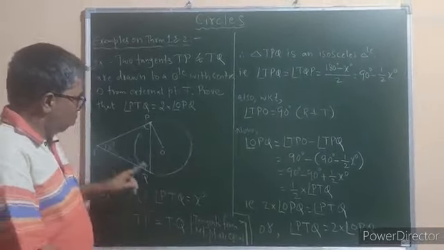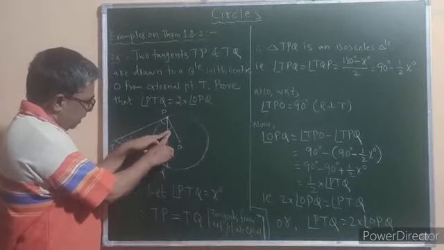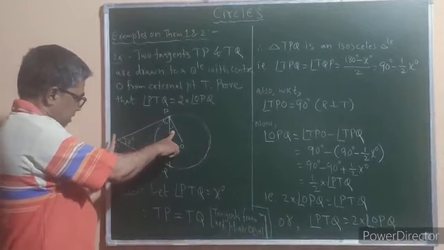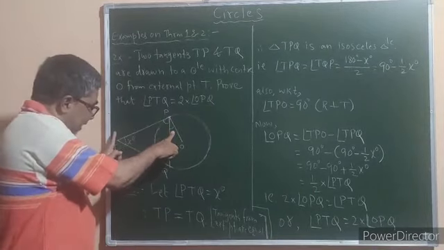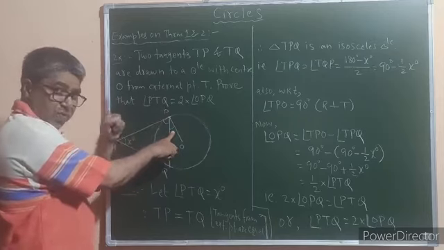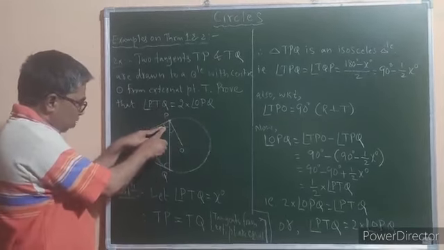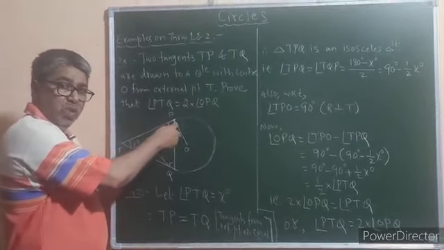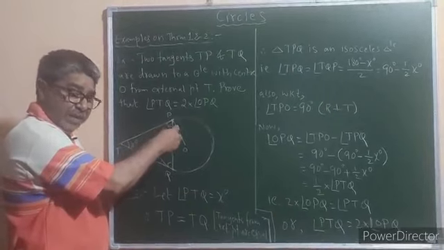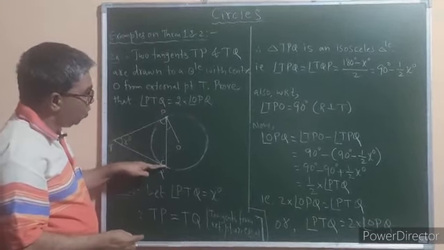Now angle OPQ, this angle, is nothing but angle TPO minus angle TPQ. If you subtract angle TPQ from TPO, this full angle, then you will get the measure of angle OPQ.